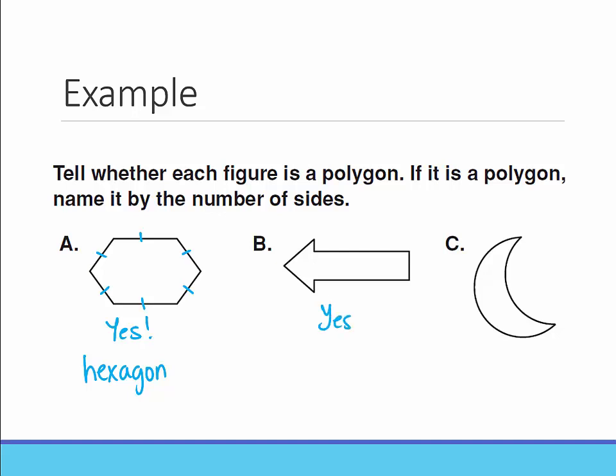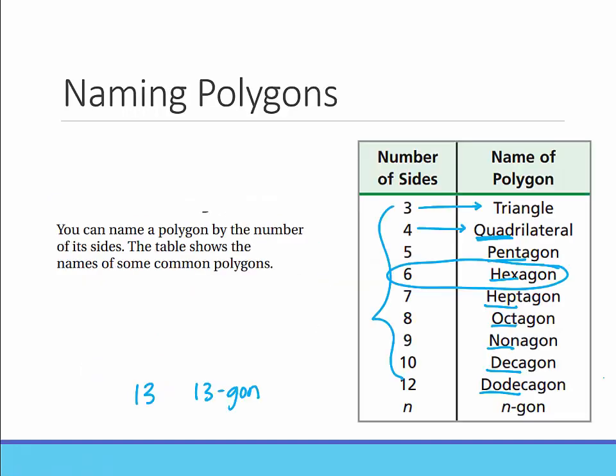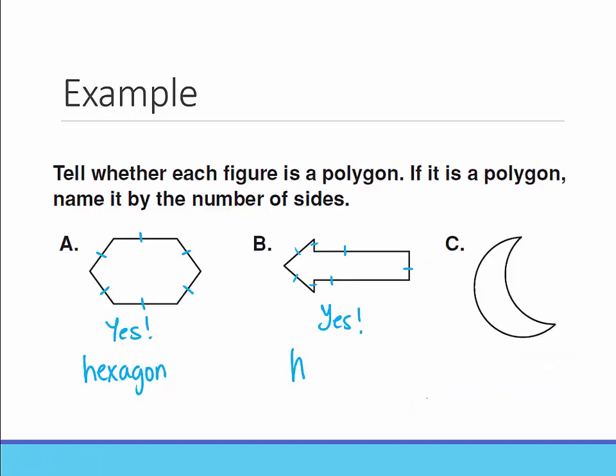So this again is a polygon. And it has 1, 2, 3, 4, 5, 6, 7 sides. So again, we go back, it's called a heptagon. And then this moon-shaped one, it has 2 curved sides. That's not allowed, so this is not a polygon.